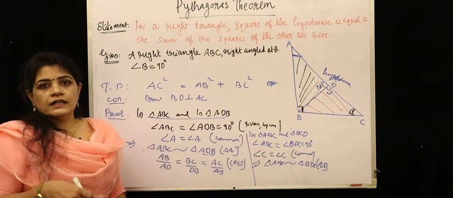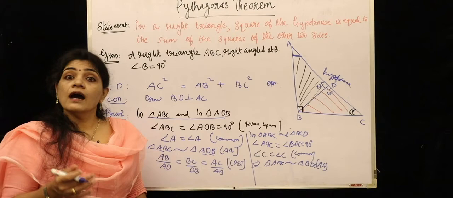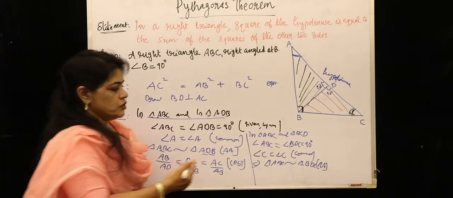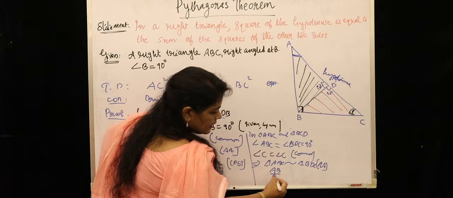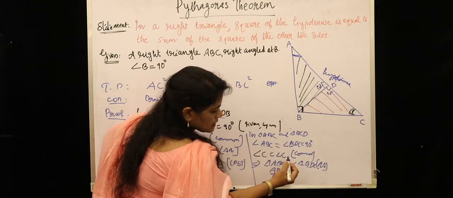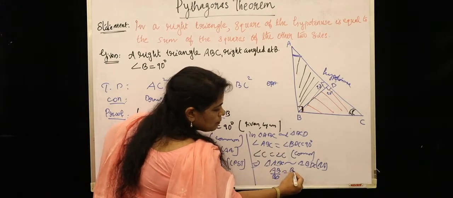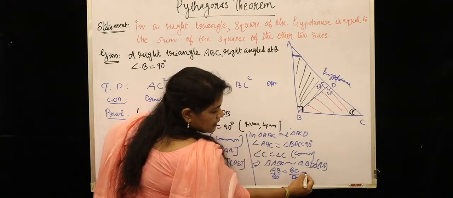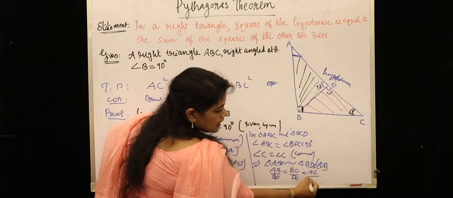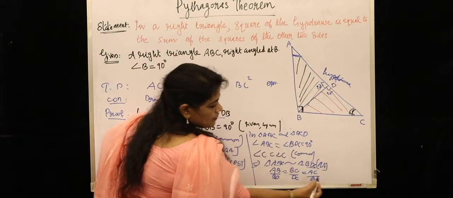If so, we are taking their corresponding sides are in same ratio by CPST. That is AB by BD, these two sides, equal to BC divided by DC, and the third ratio, AC divided by BC.